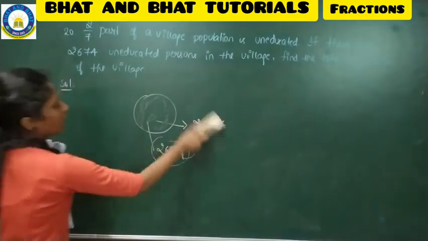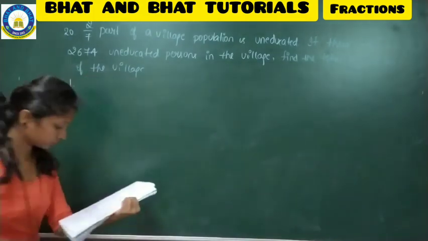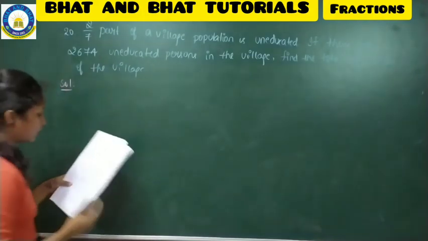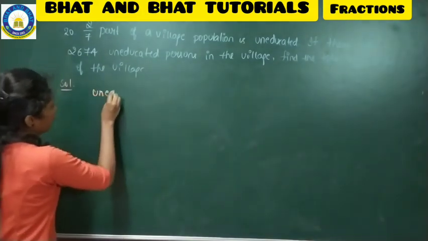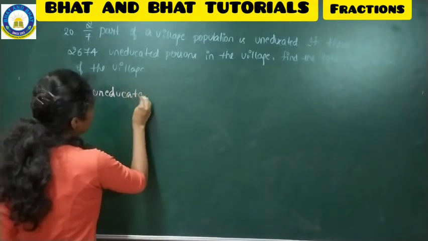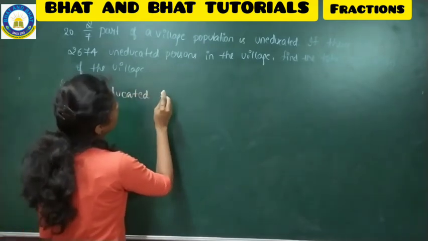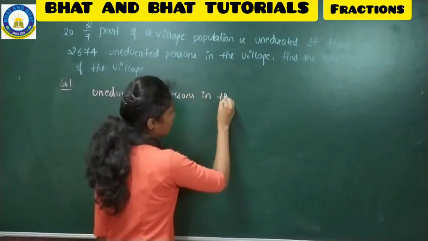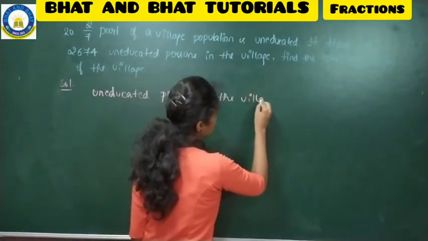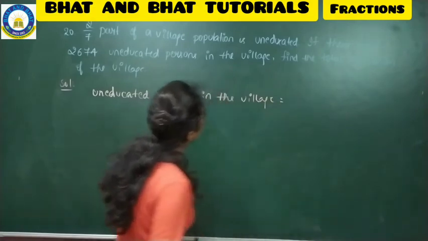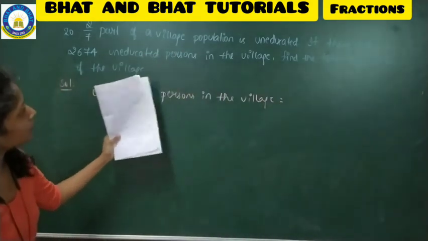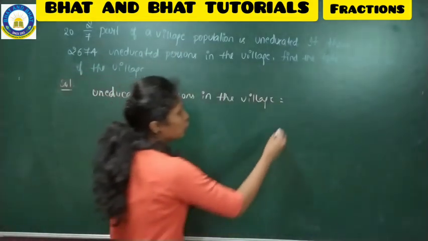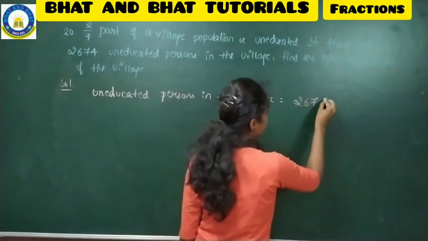So what you have to do now? Uneducated persons in the village is equal to, so how many people are uneducated in the village? 2674.